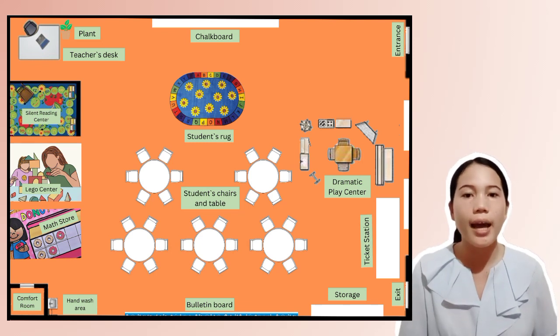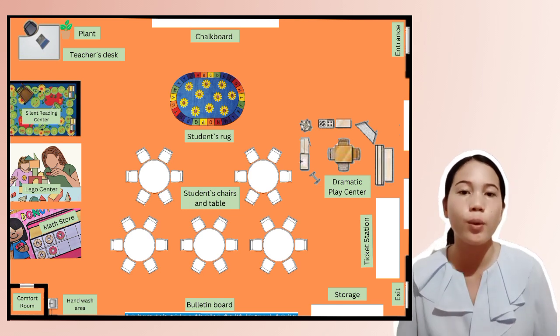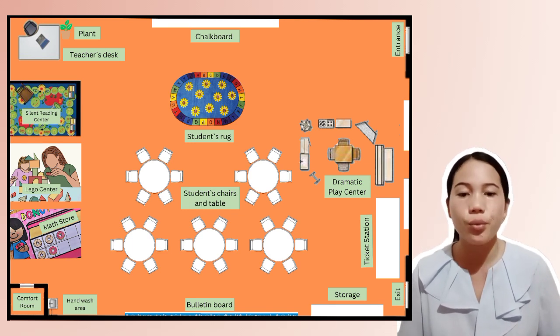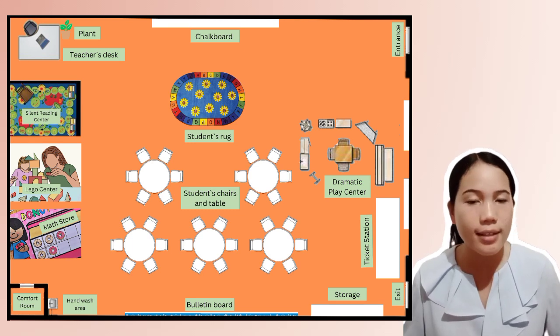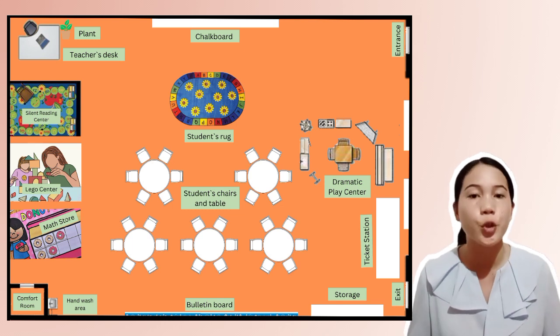So they can group and gather here with their group mates when they have small group work, or they can play on this rug. As you can see, the rug has alphabets and numbers. And of course, we have the chalkboard.